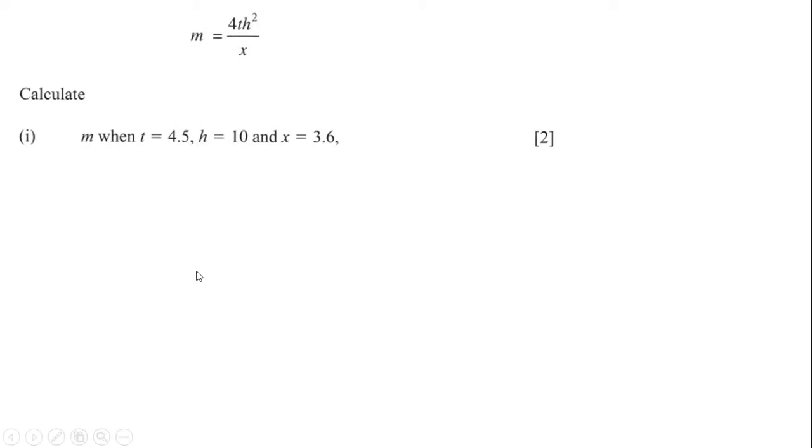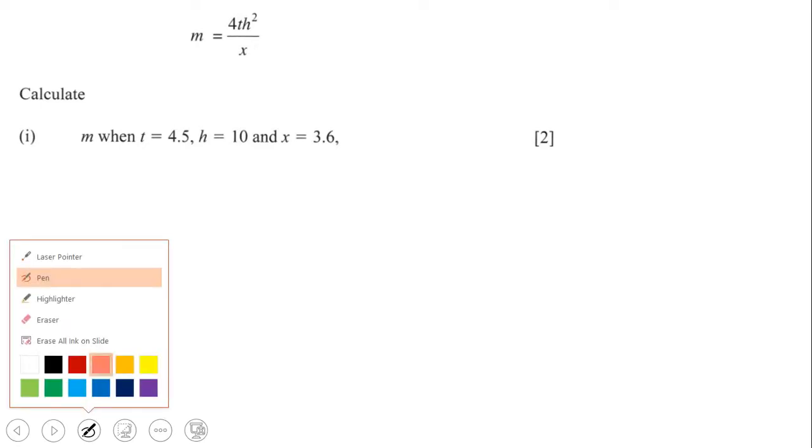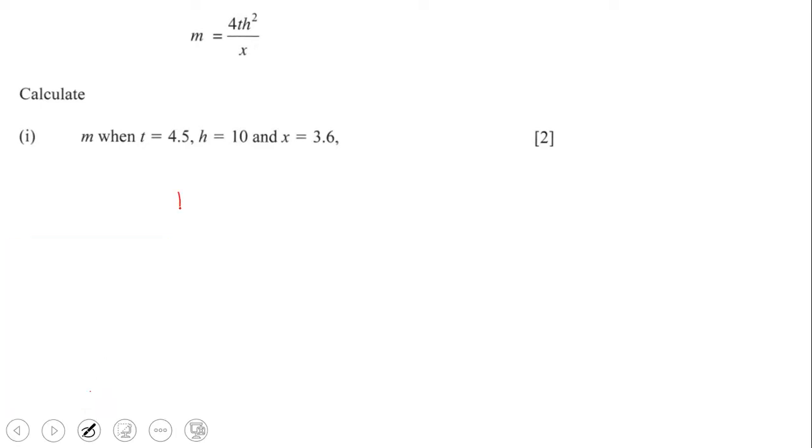Notice that we're trying to figure out what M is. We must place back the 4 as a part of the formula. Let's put it all together. We have 4TH squared divided by X. Now, what is T?